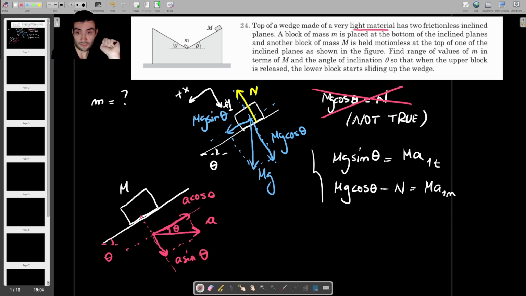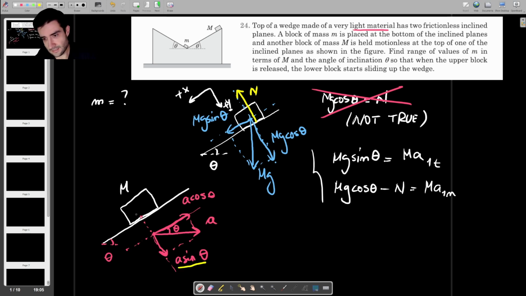And here's the wedge constraint. This object will accelerate in some way, but no matter what the acceleration of m is, the acceleration component perpendicular to the plane will be the same as A sine theta.